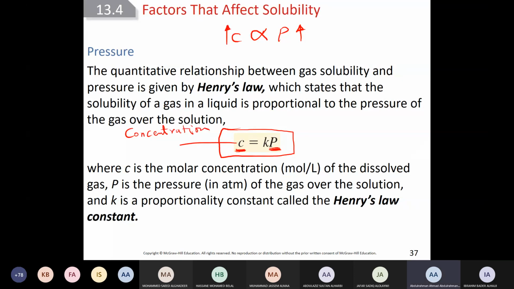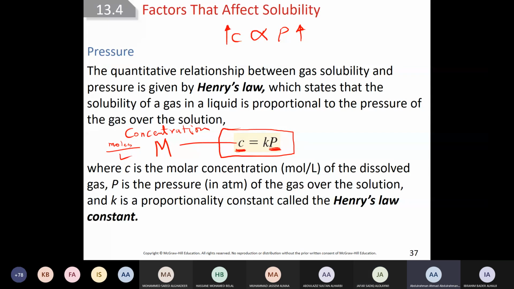Concentration. In what unit? Big M. What's big M? Molarity, which is moles per liter.